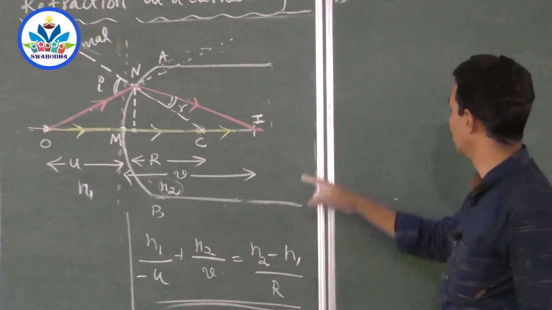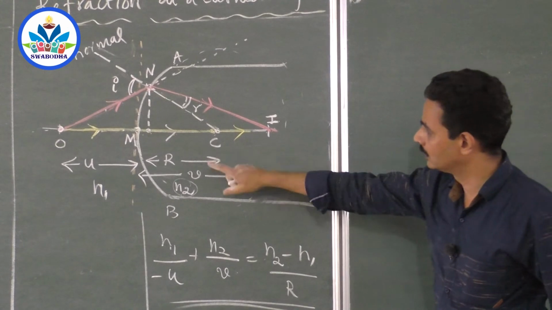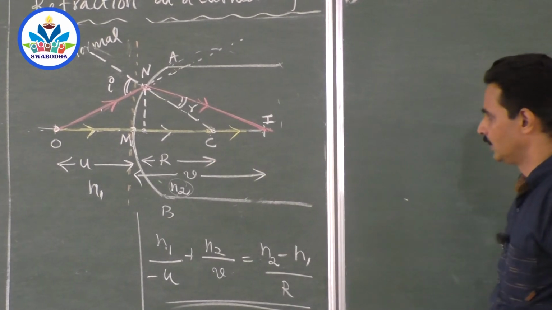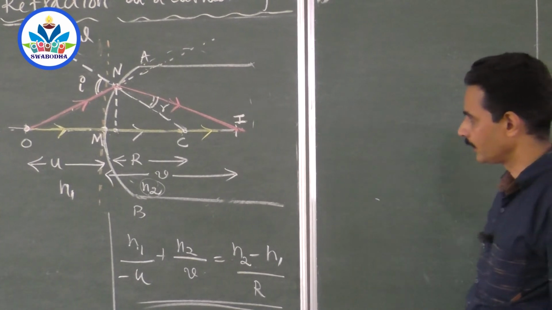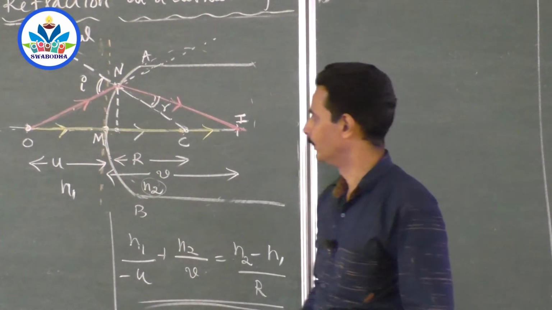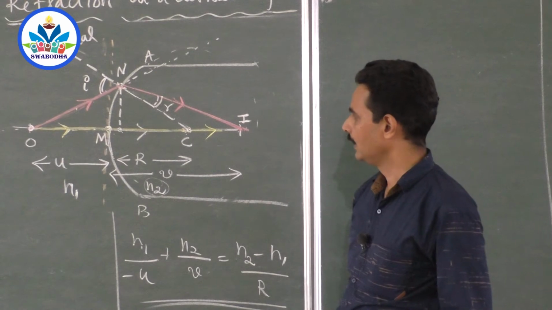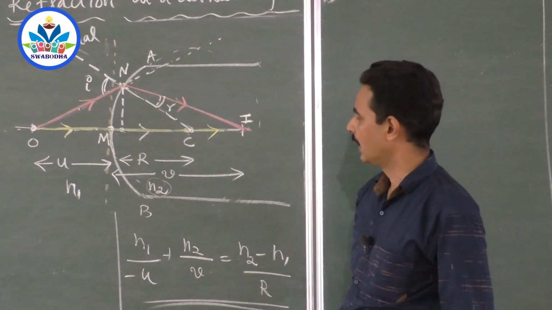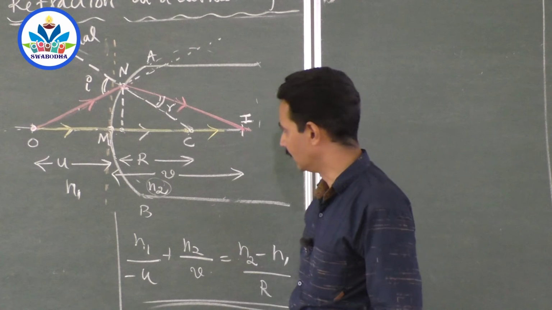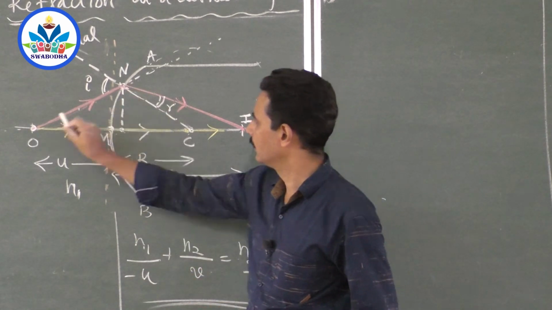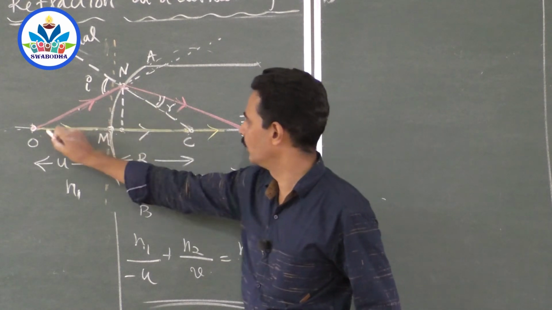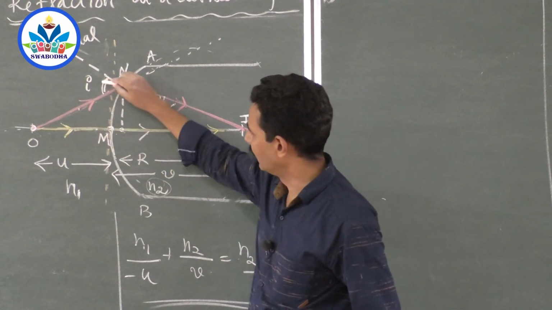You have to look into both the diagram as well as the derivation. You can't leave one. Now, can you see this angle I? Angle I is the exterior angle of the triangle NOC.